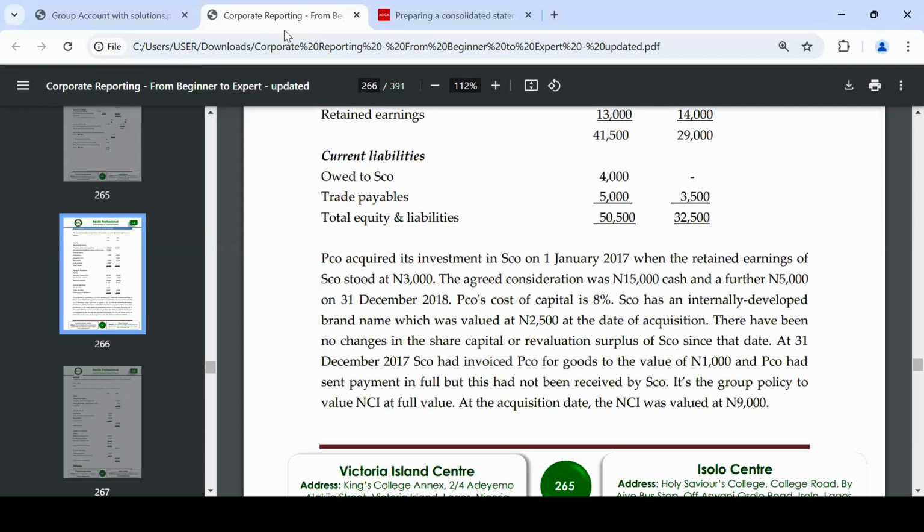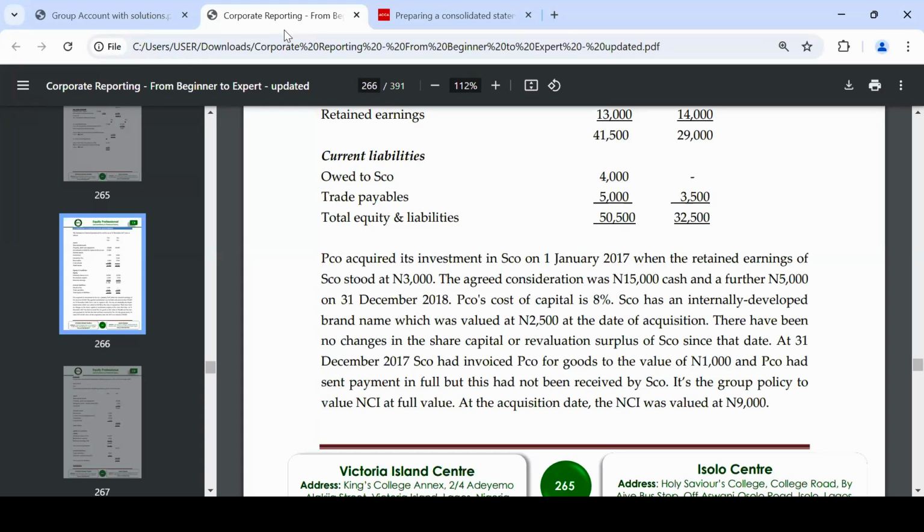So ESCO had invoiced PICO for goods to the value of 1,000, and PICO had sent payment in full, but this has not been received by ESCO. So I think how we are going to treat this transaction is, intragroup sales is meant to cancel out.